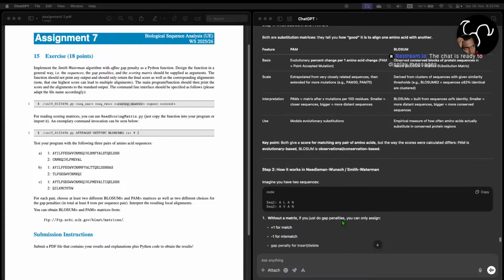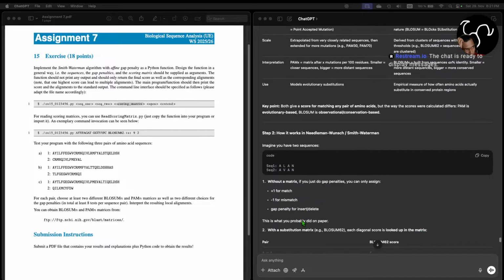Without a matrix, you can only assign the gap penalty.